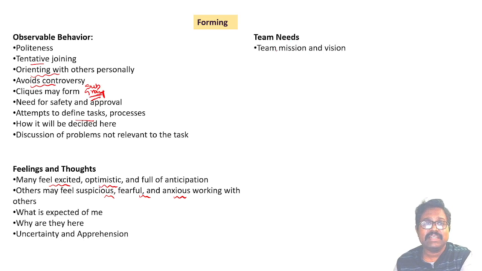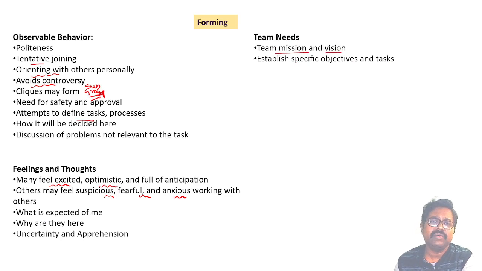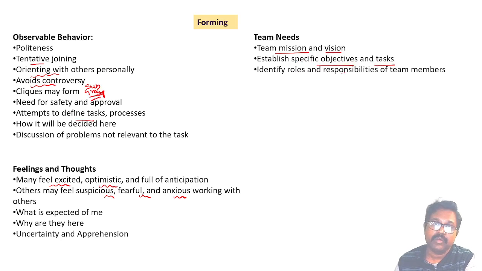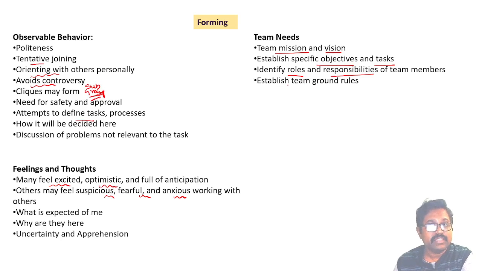So what does the team need? They need to understand the mission and the vision, and establish the specific objectives and the tasks that need to be carried out. They need to identify their individual roles and responsibilities, and understand the roles and responsibilities as a team member. They also need to establish their team rules.